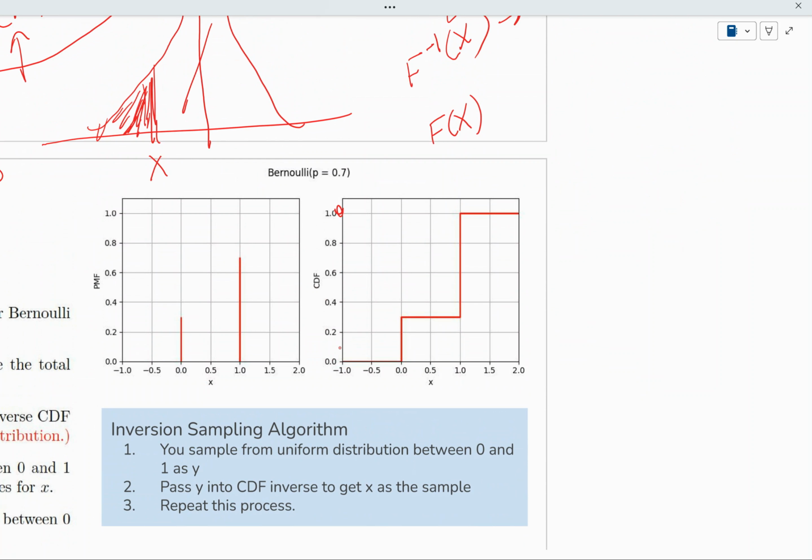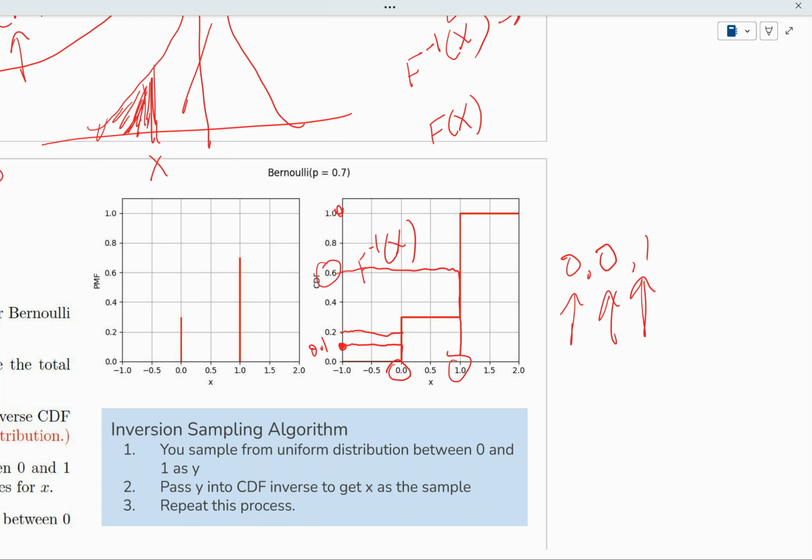If we plug 0.1 into the inverse CDF, the result is going to be 0. With 0.2, it would also generate 0. But if we pick 0.6, notice the result would have been 1. When we're trying to generate a Bernoulli distribution, you're generating either 0 or 1.